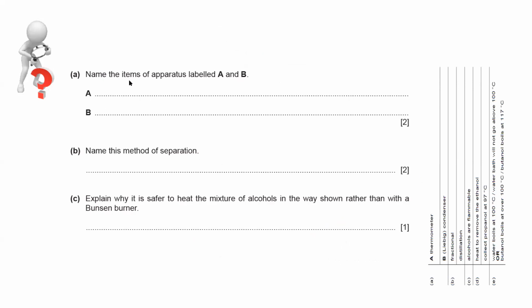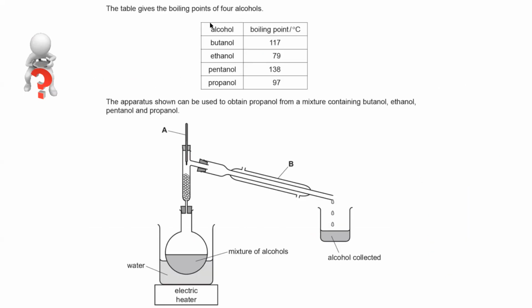In the first part, name the items of apparatus labelled A and B. What do we call this apparatus? What do we call A? Which apparatus is A? Yeah, that's right, thermometer. And what about B? Yeah, A is thermometer, that's right.